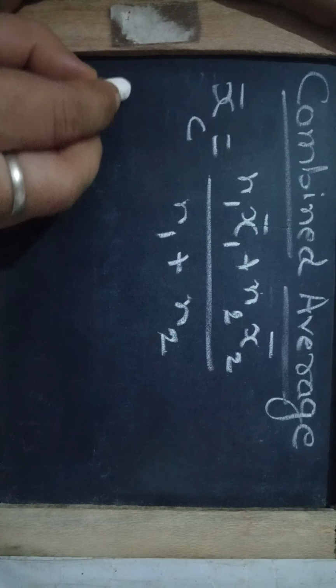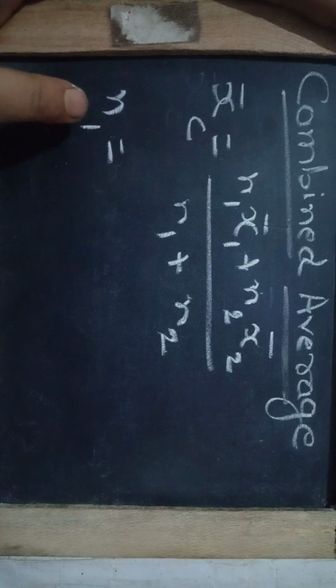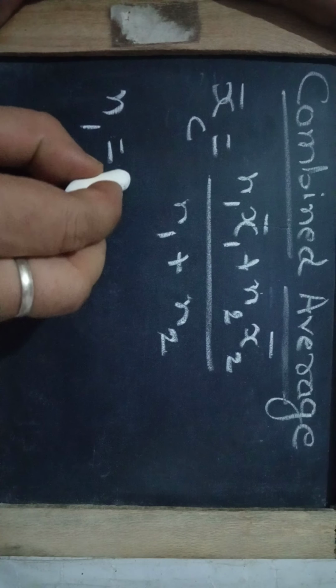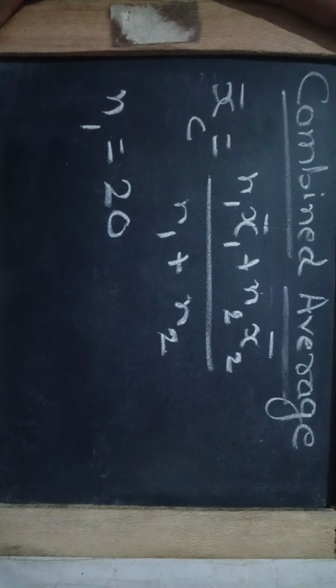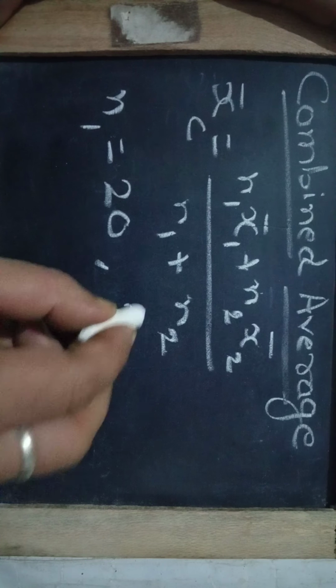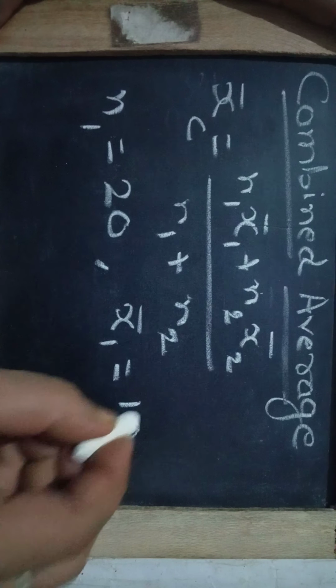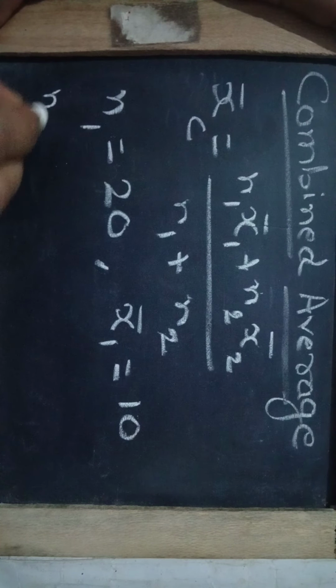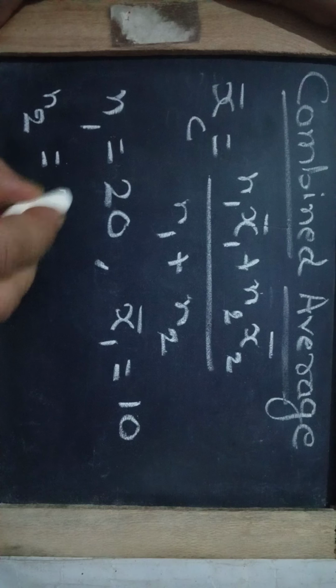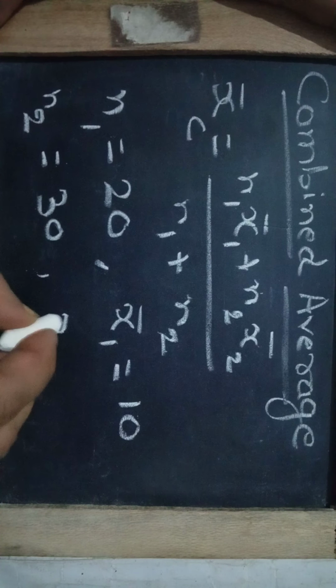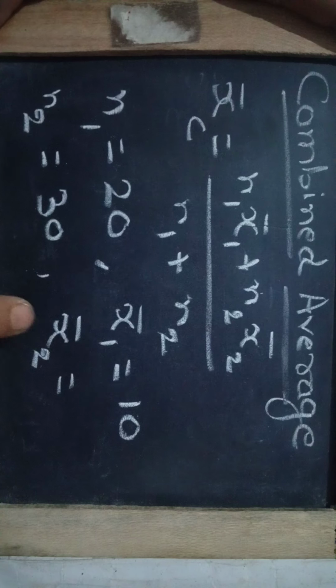Here n1 is the group of boys, that is 20. x1 bar is the corresponding average, that is 10. n2 is the group of girls, that is 30. And x2 bar is the corresponding average, that is 25.